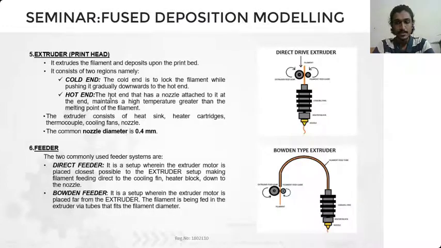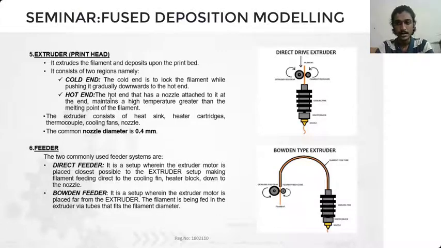Then the extruder. The extruder, or otherwise called the print head, contains major elements such as the heat sink, heat carriages, thermocouple, cooling fans, nozzles, everything which is required to carry out the printing operation. It has two ends, namely the cold end and the hot end.